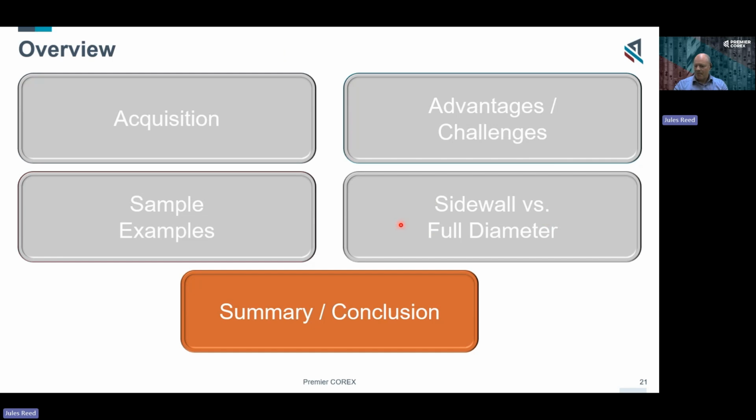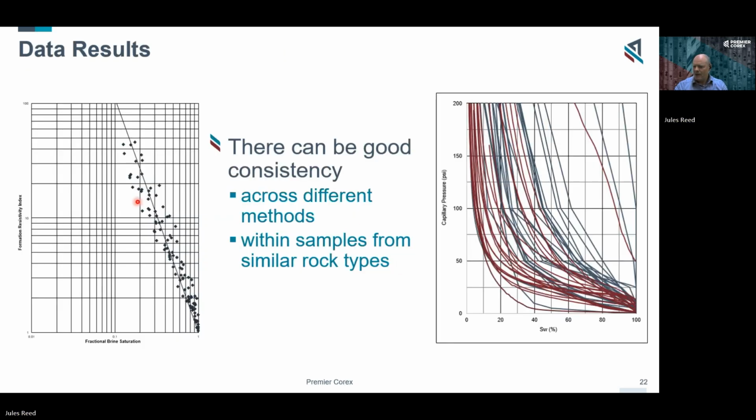So just as a summary, you can still get good consistency from sidewall cores. These are data showing resistivity index and capillary pressures. So the capillary pressure from, say, an air brine porous plate is in the blue, and the red is from mercury injection of similar samples from the same test.